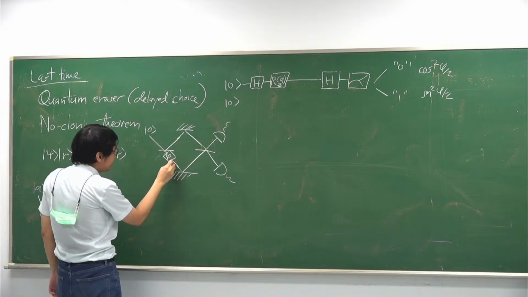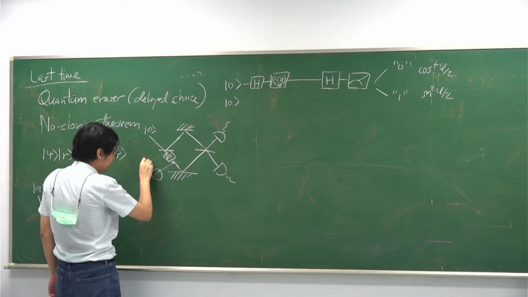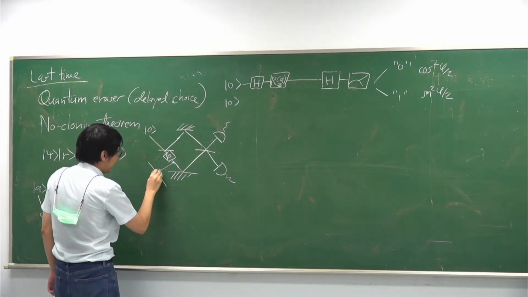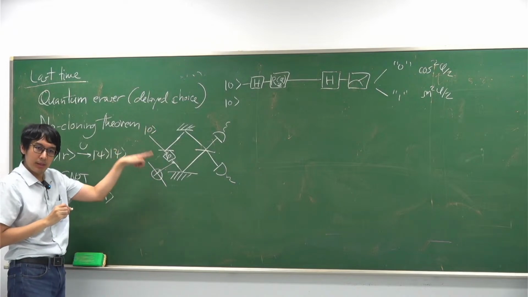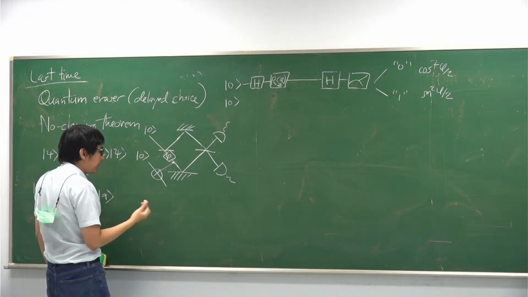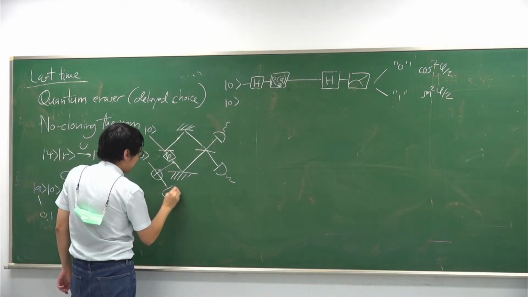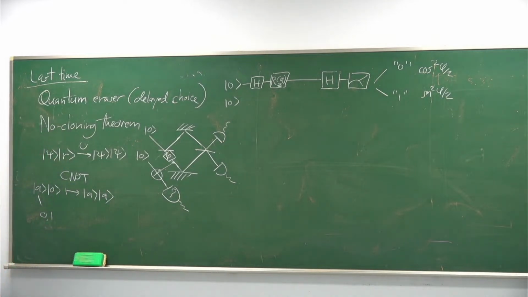So in the quantum eraser experiment, we record a copy of this which-path information in a separate beam, and then we make a choice of measurement basis later.